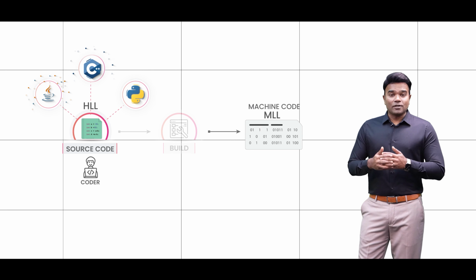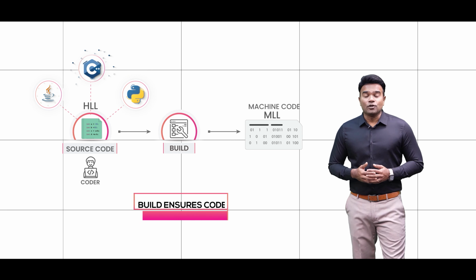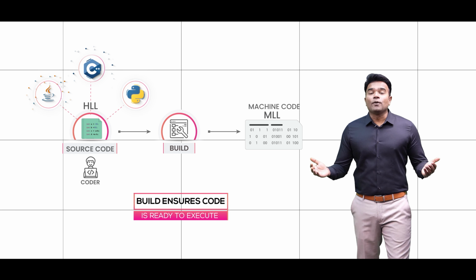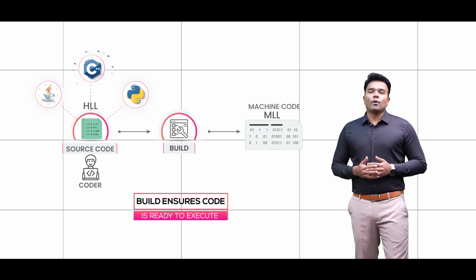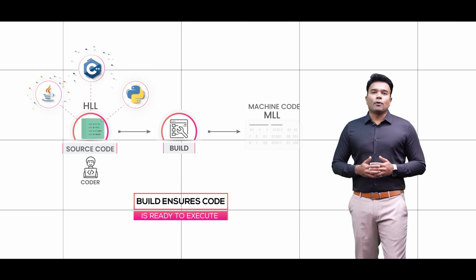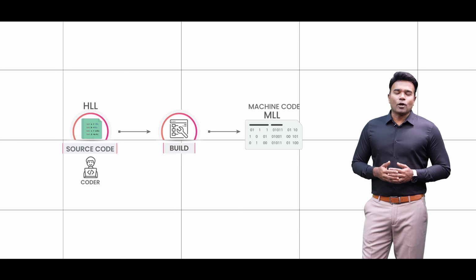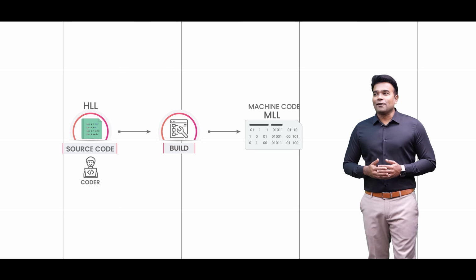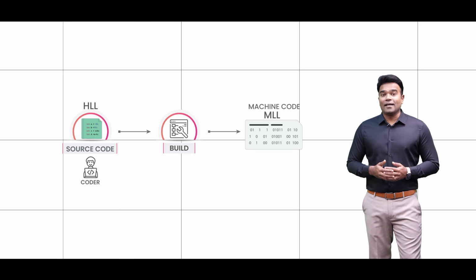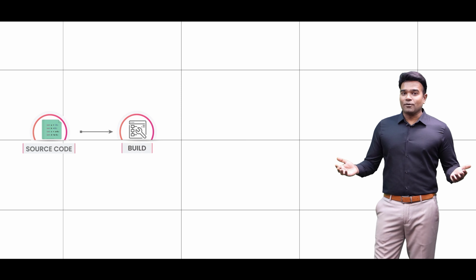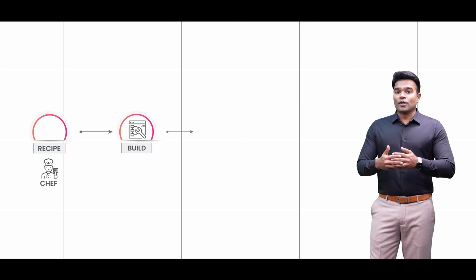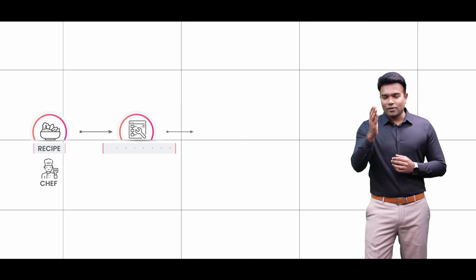And let me tell you that build is the process during which the high-level source code that would have been created by the coders would be getting transformed into the machine-readable binary code. This makes sure that the code is not only correct, but is also ready for the computers to read, understand, and execute it. Well, that way, the build process is more like getting the right ingredients for a recipe.